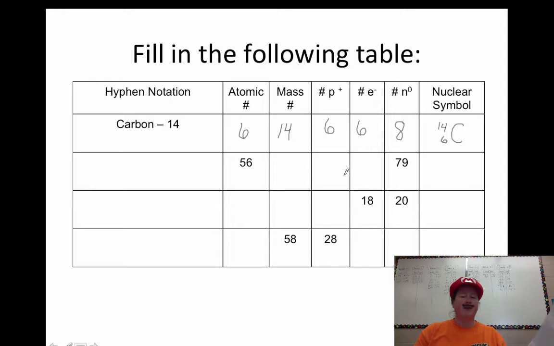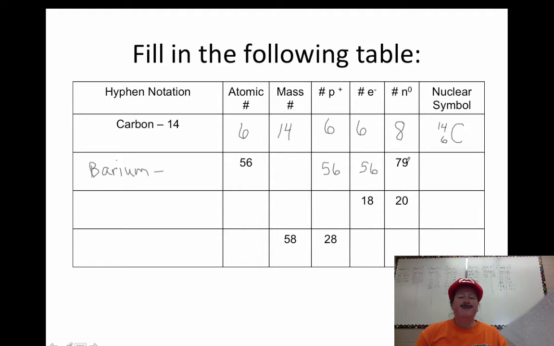Element 56 is barium. I don't know which barium isotope this is yet, but I'm going to write this down before I forget. If I have an atomic number of 56, I have 56 protons and 56 electrons. I forgot to write the 6 there. Getting ahead of myself.